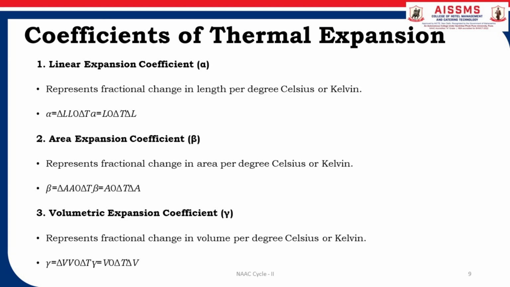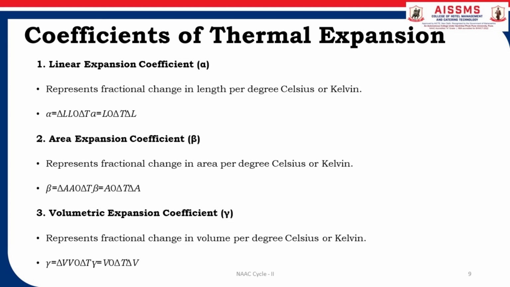It is commonly denoted as alpha, where alpha is the linear expansion coefficient, delta L is the change in the length of the material, L naught is the original length of the material, and delta T is the change in temperature. Second one is the area expansion coefficient. This coefficient represents the fractional change in area per degree Celsius or Kelvin of temperature change.